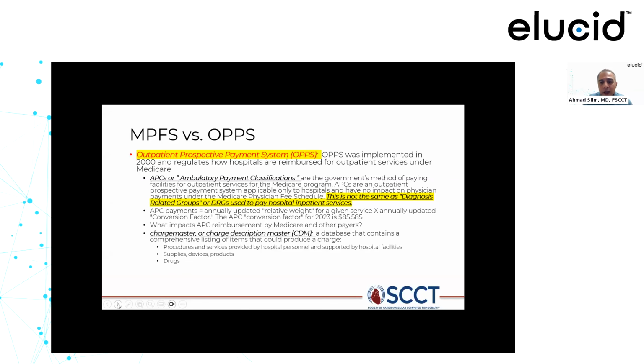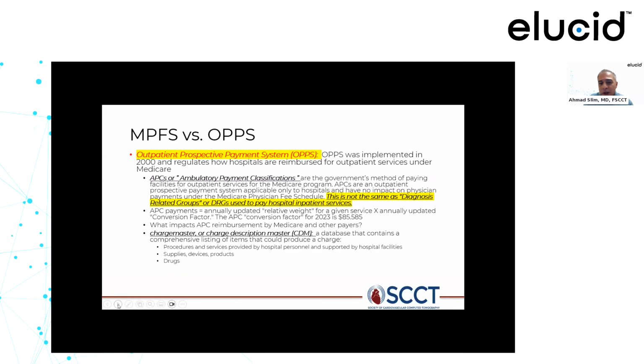And by virtue of that, it excludes all the work that goes into it that is otherwise accounted for through stress testing. So that's one of the things the society is working on, ways that we can move cardiac CT into a favorable APC that does help us account for the work that's done in it. But that's the difference with the hospital payment system.